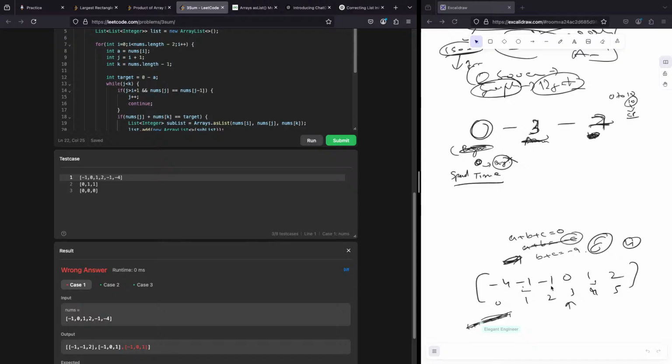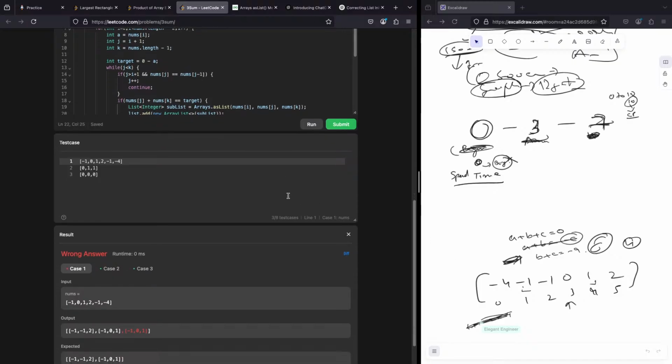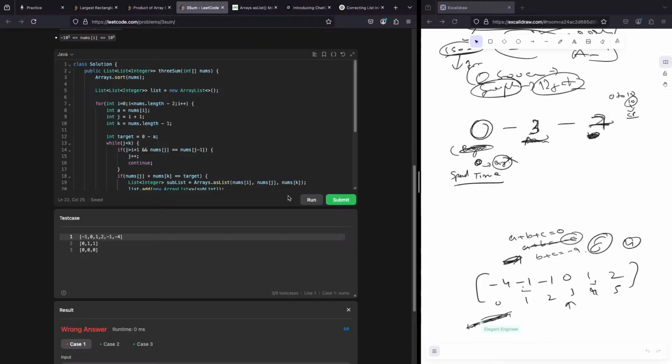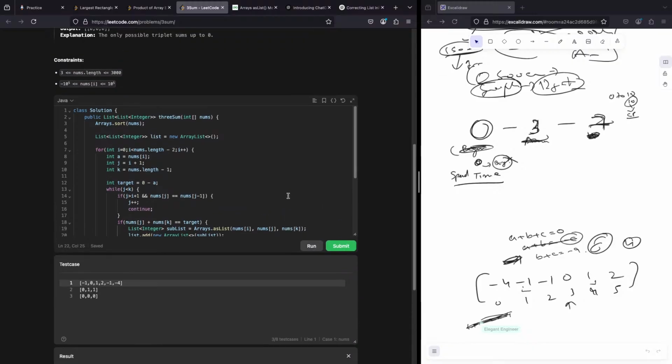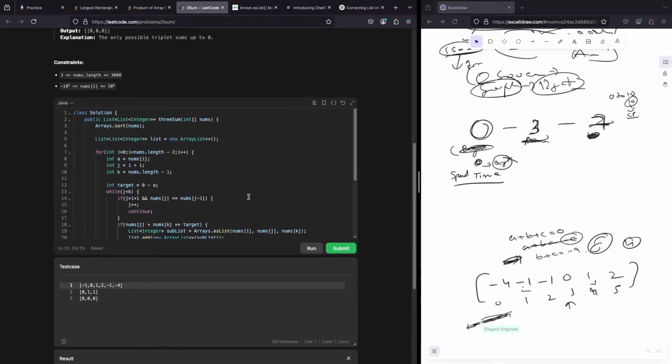So when your I is this, you are at 0, 1. So next time, when your nums of J is equal to, okay. No, no, no. This I plus 1 is wrong.